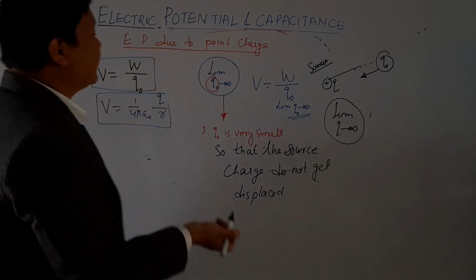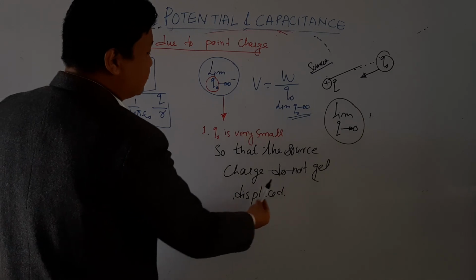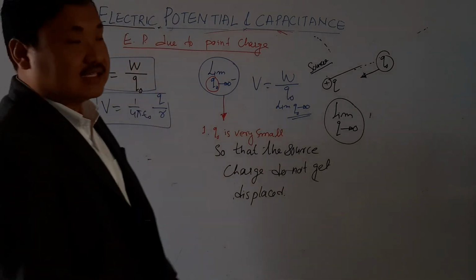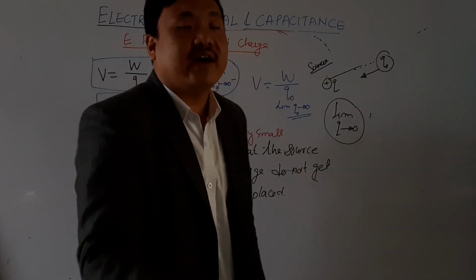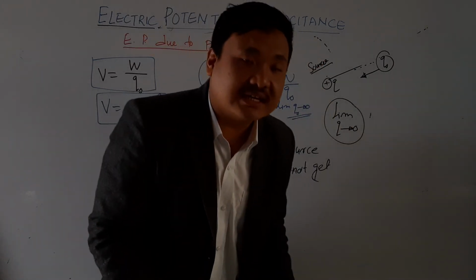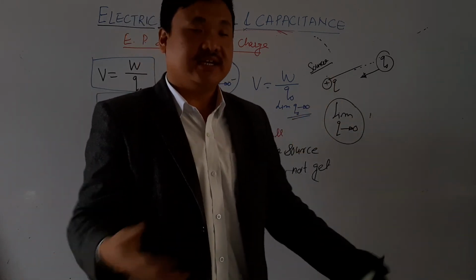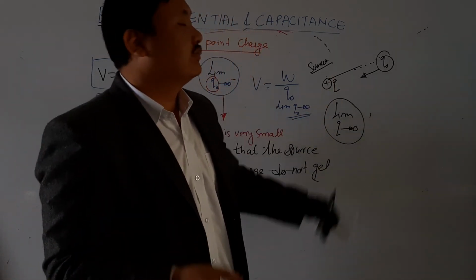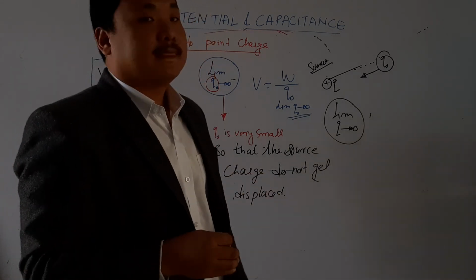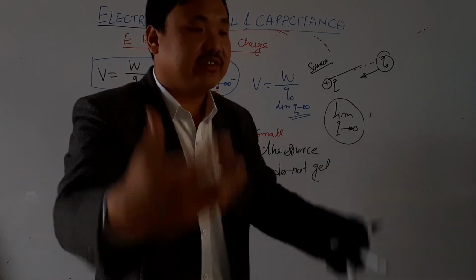So it means that it should be very small so that the source charge does not get displaced, because we want to find the electric field due to the source charge. So if it gets deflected, if it displaces, how to calculate? Isn't it? It is very difficult. So to reduce the displacement, we consider this as very small.